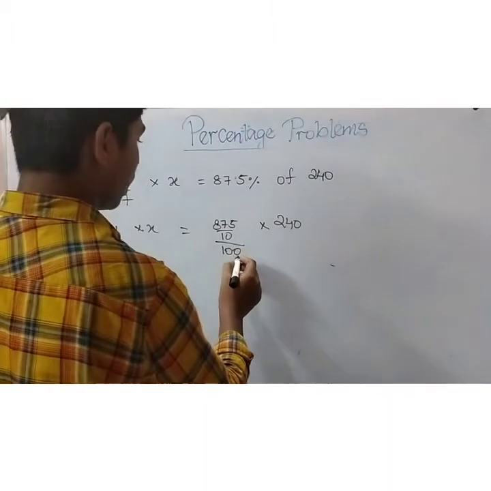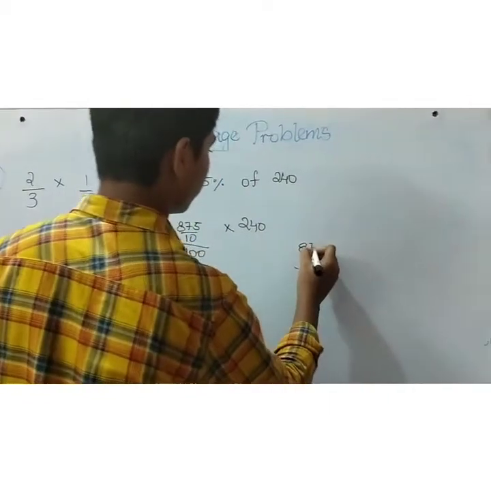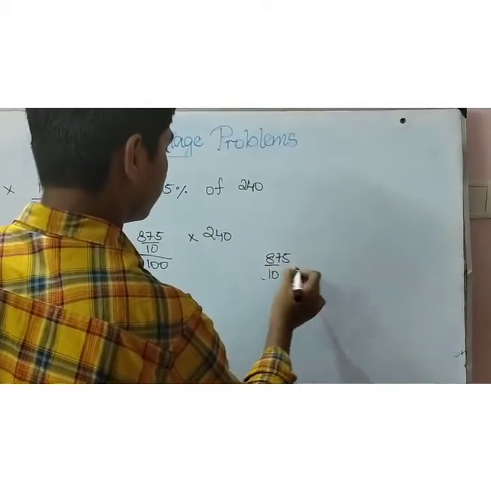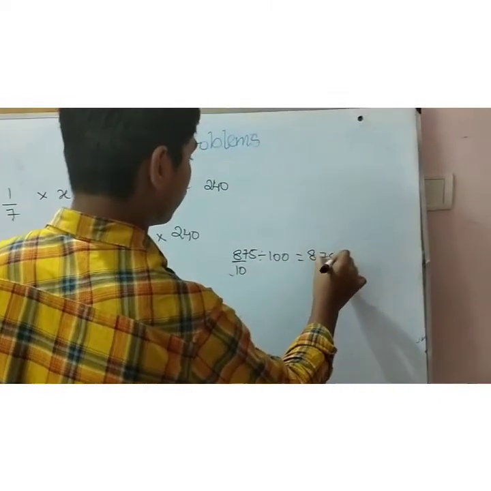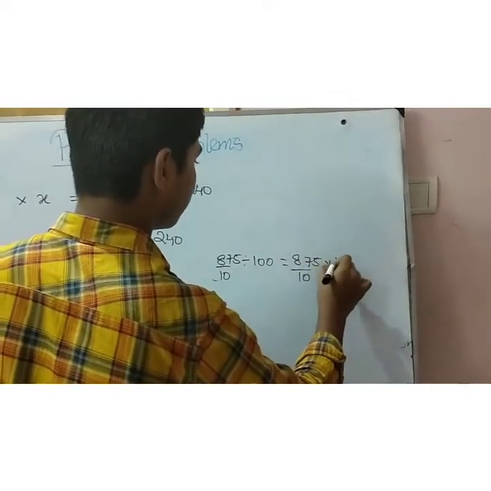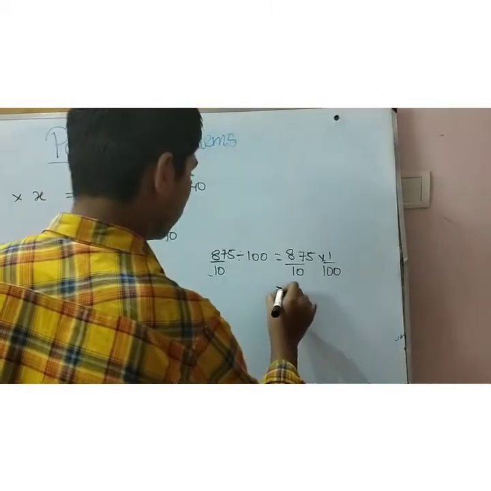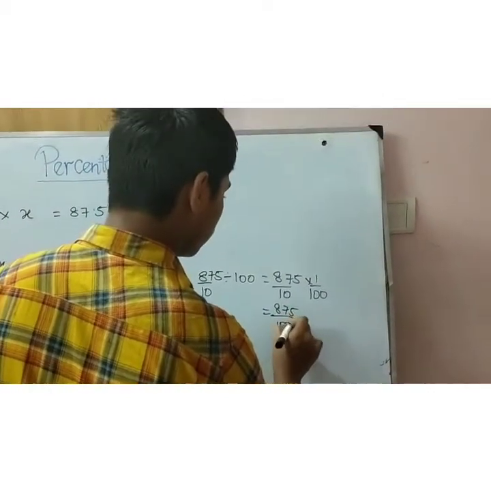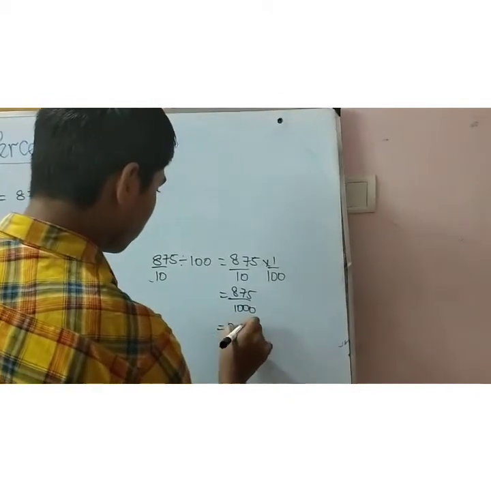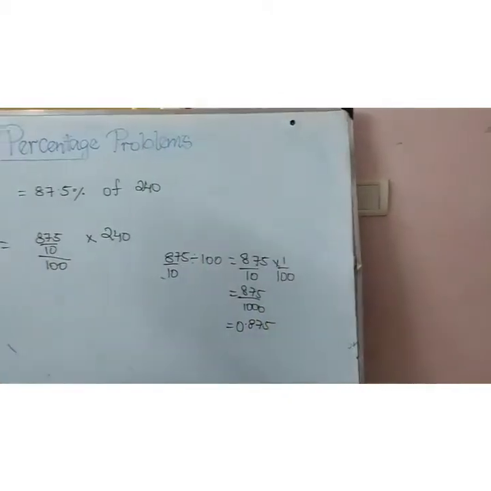Now 875 by 10 divided by 100 is equal to 875 by 10 into 1 by 100. That is 875 by 1000, that is 0.875.